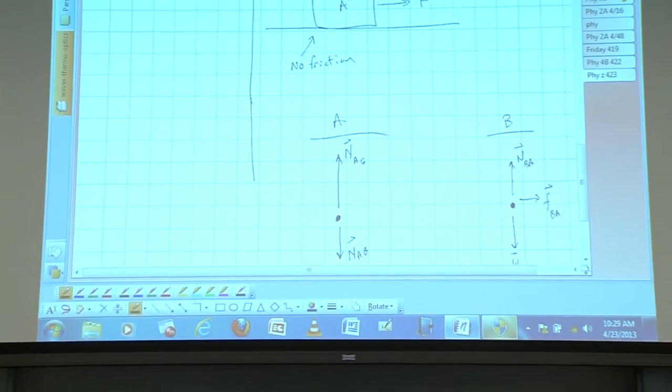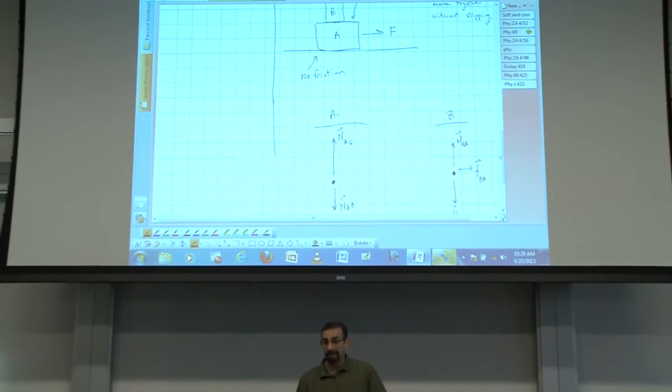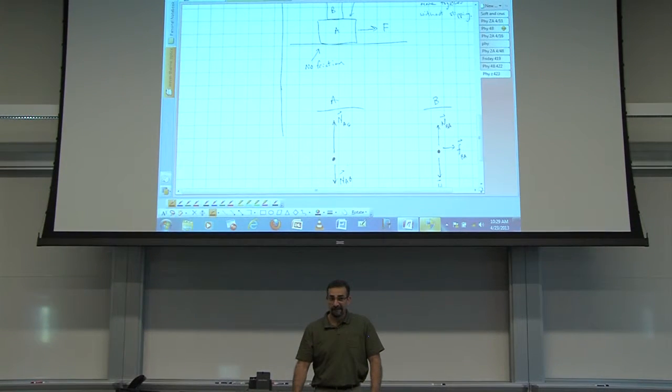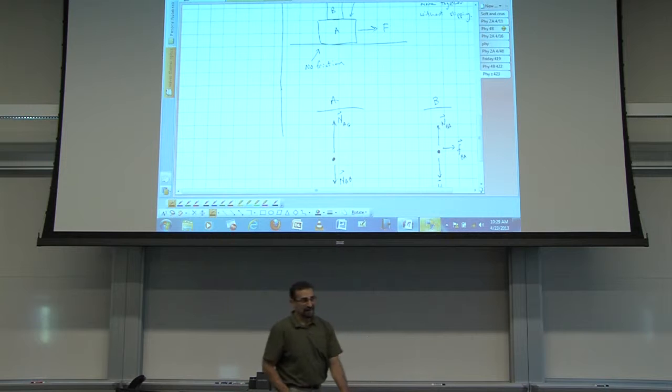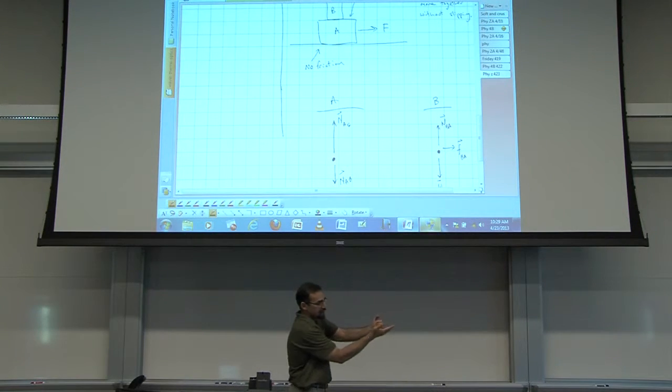That's a normal force on A from B. And there's a friction force between B and A. Is it helping A go, or is it hurting it? Is it preventing it from going? A is trying to go to the right, and as it goes to the right, it rubs against B and pulls B in this direction. And what is B doing to A? It's rubbing in the opposite direction.